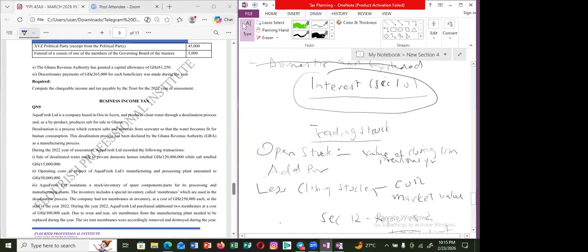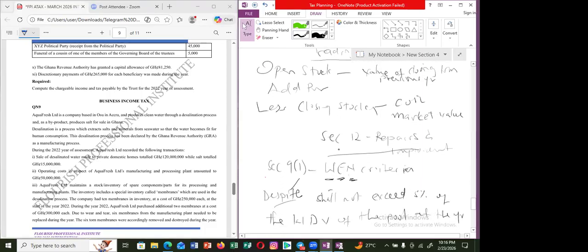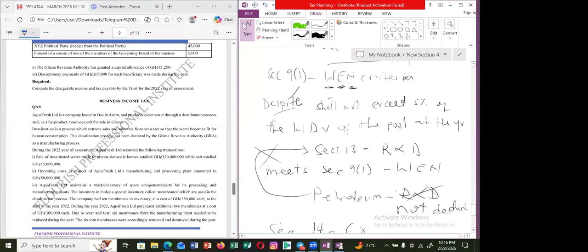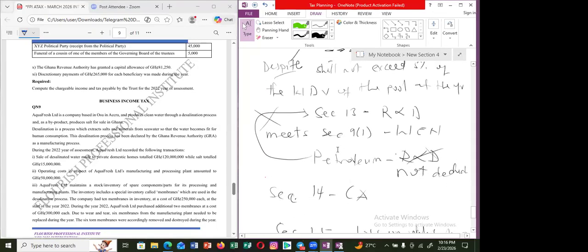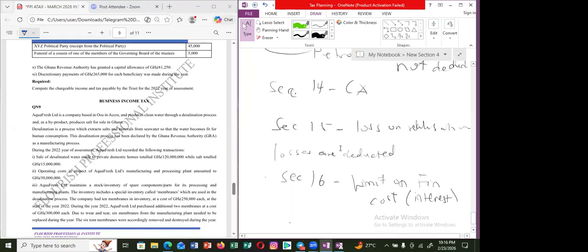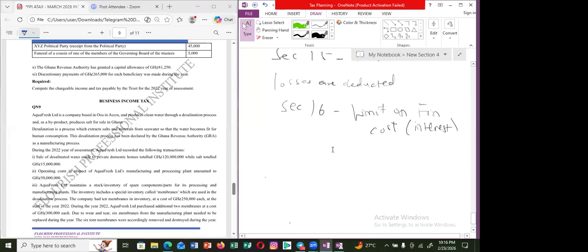So section 16, limitation on the deduction of what? Financial cost. Now it says that the amount of financial cost other than interest. So basically it can be financial cost from hedging or anything. The idea is it shouldn't be from interest.